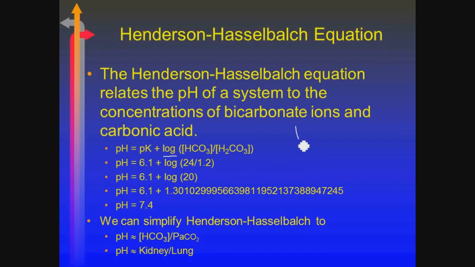There is a relationship between how much of this is present and how much of this is present. And if you look at a normal situation at a pH of 7.4, midpoint of the range, there's a ratio of 20 to 1.